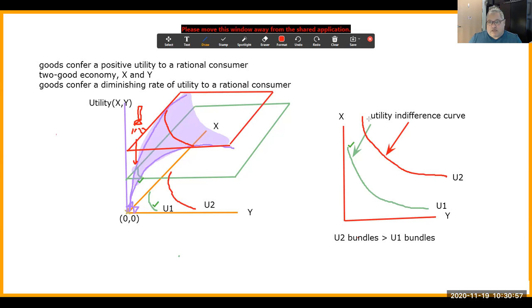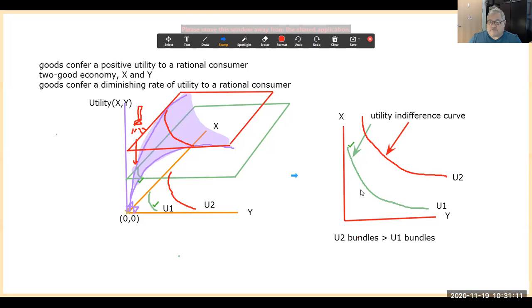And so now I can move from this three-dimensional drawing to a two-dimensional drawing version of it, as long as I know that these equal height lines, or utility indifference curves, or iso-utility levels, are such that they can't cross.